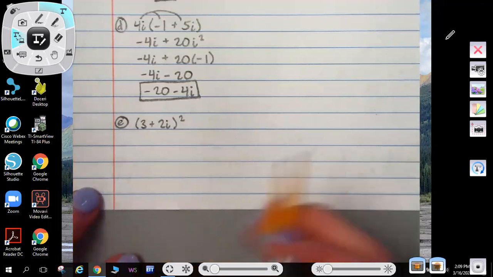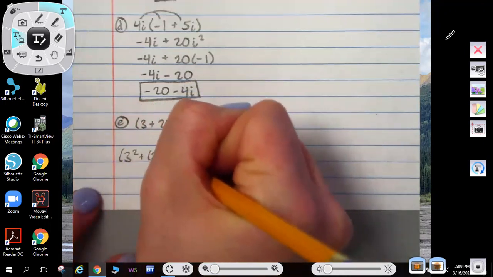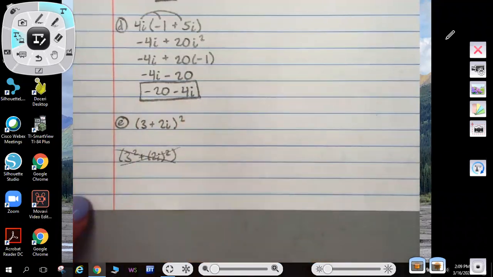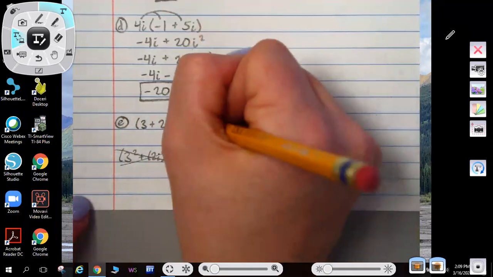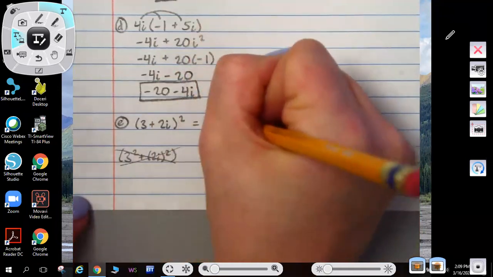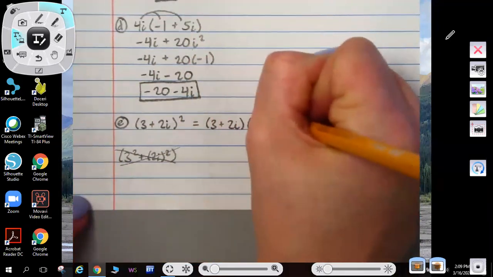That is incorrect. So you couldn't write 3 squared plus 2i squared. That's wrong. 3 plus 2i squared means you take 3 plus 2i times 3 plus 2i.